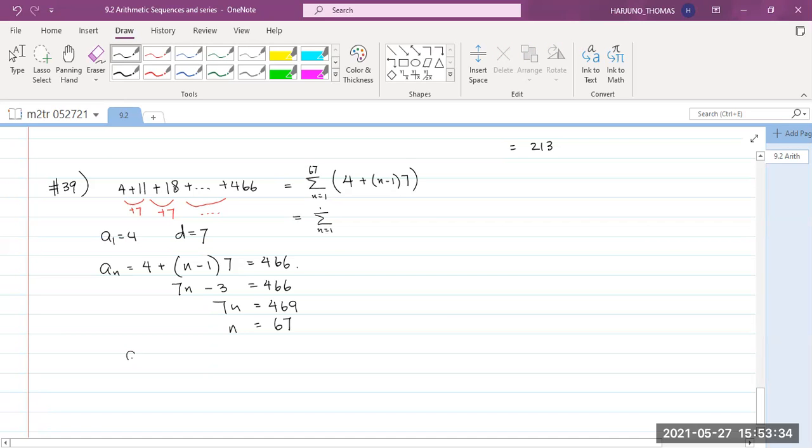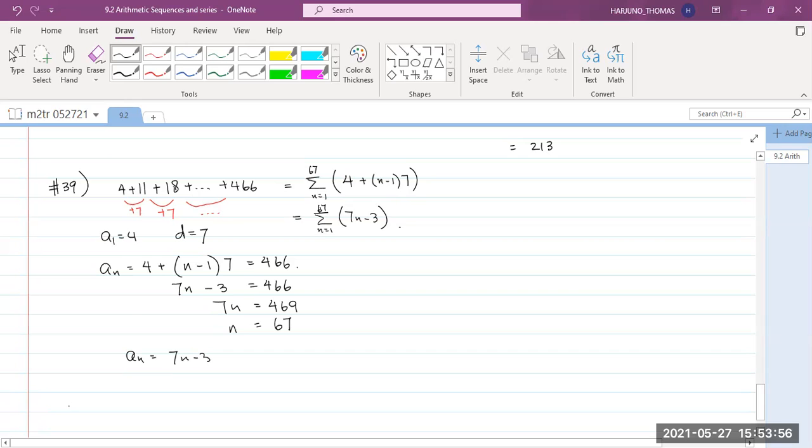Or you can find the nth term first. This is 7n minus 3. Okay, that's for number 39.